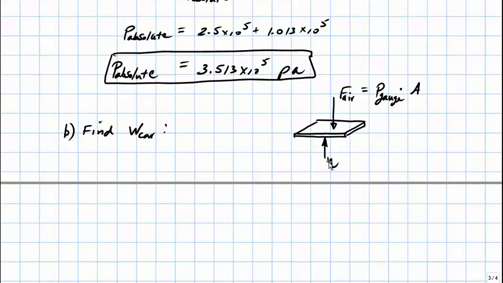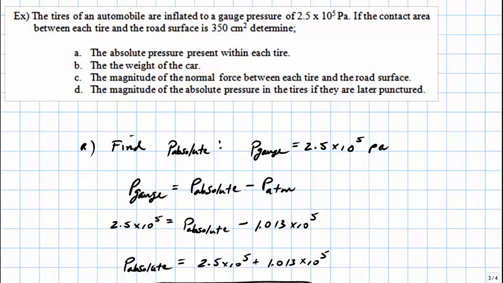Therefore, each tire will support 1/4 of the car's weight, assuming that the car's weight is uniformly distributed. And so we will note that the normal equals 1/4 of the car's weight. We're almost ready to apply Newton's second law to this free body diagram, but first we need to convert the area into the proper units. Now, the area was given in the problem as 350 square centimeters.